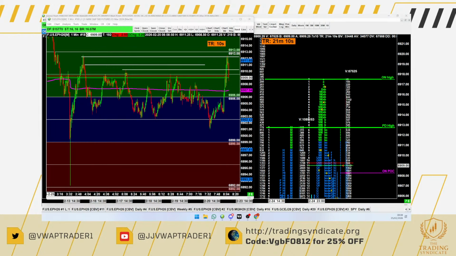Right? So we took price up for a couple of minutes. All the suckers came in. We filled them. Now we're going to sell it all the way back down to VWAP. And who was asking about the mistakes that traders make? They chase price. If you had chased price and bought up here, now you're trapped at 69.11.